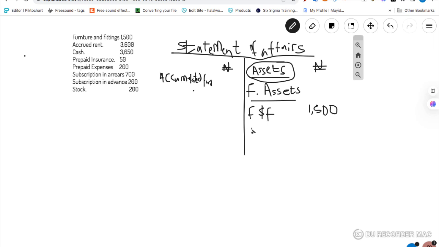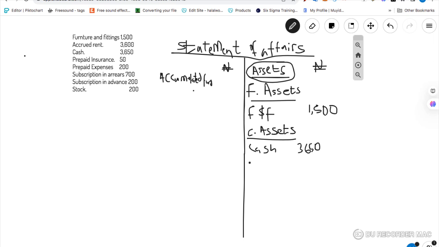We have cash, that is 3,650. So we have prepaid insurance.